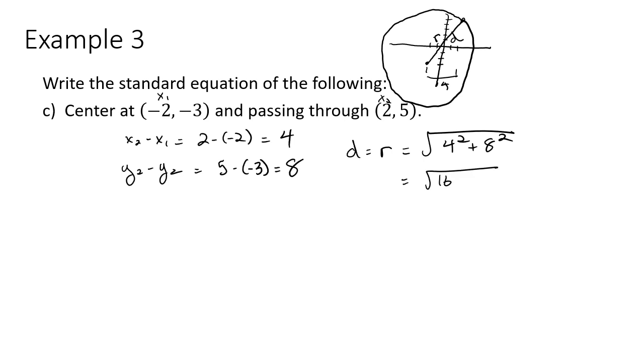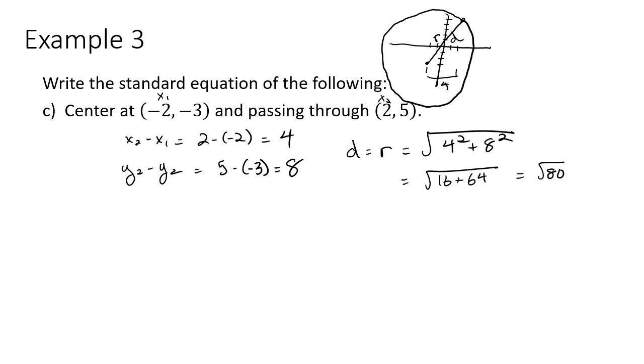So in this case, it would give us the square root of 16 plus 64, which would give us the square root of 80. Now this is a square root that you can simplify, but we're not going to. Simplifying is unnecessary, and you'll see why in just a second. I'm just going to leave r as the square root of 80.